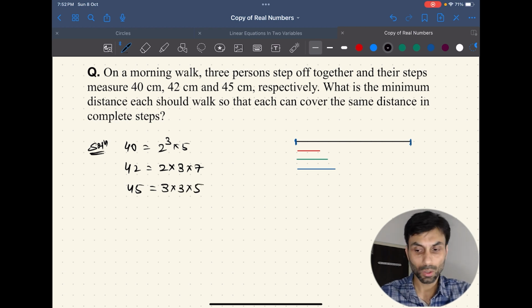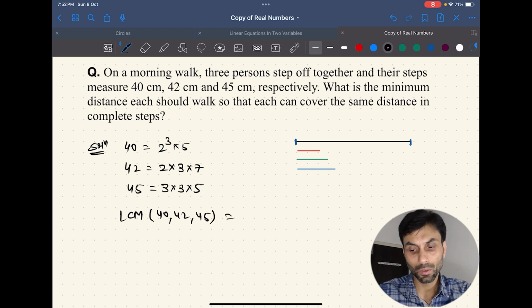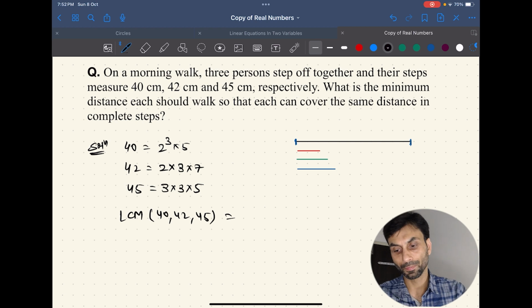So now to find the answer, we'll have to find the LCM of 40, 42 and 45. We know that LCM is the product of the highest power of all prime factors.